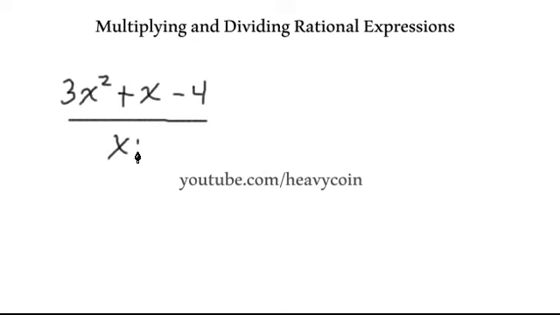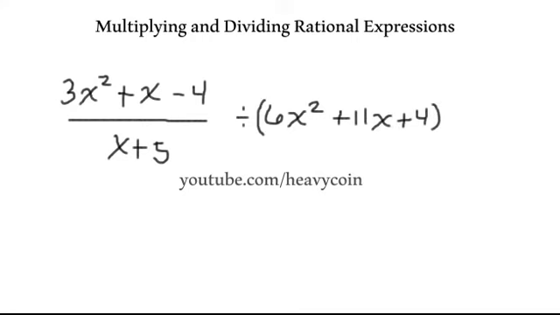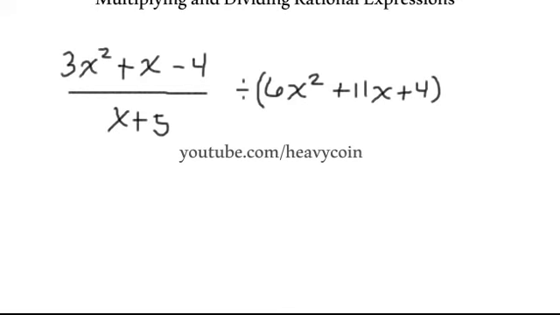How about x plus 5 divided by 6x squared plus 11x plus 4. And we'll put that in parentheses. Alright, so we want to simplify this thing down.